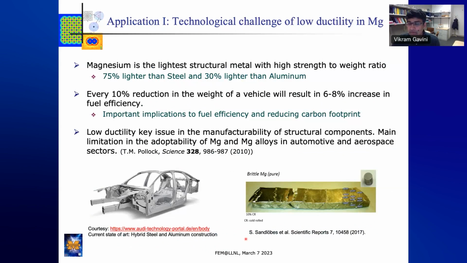One of the applications that we are particularly interested in is understanding the reasons behind the low ductility in magnesium and trying to see if we can do something from a metallurgical standpoint to improve the ductility of magnesium, because it has a technological importance also of improving fuel efficiency and carbon footprint by reducing the weights of the vehicle.